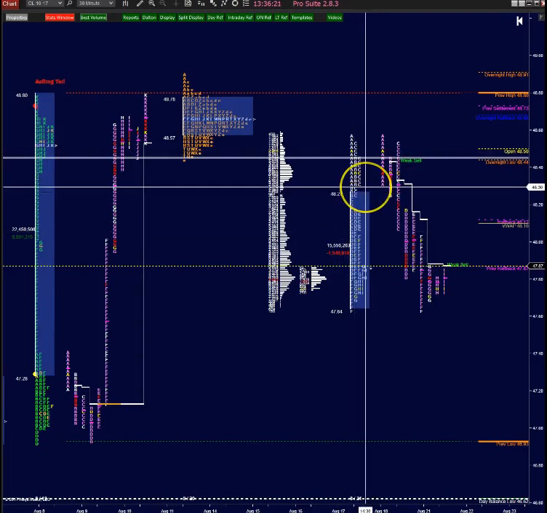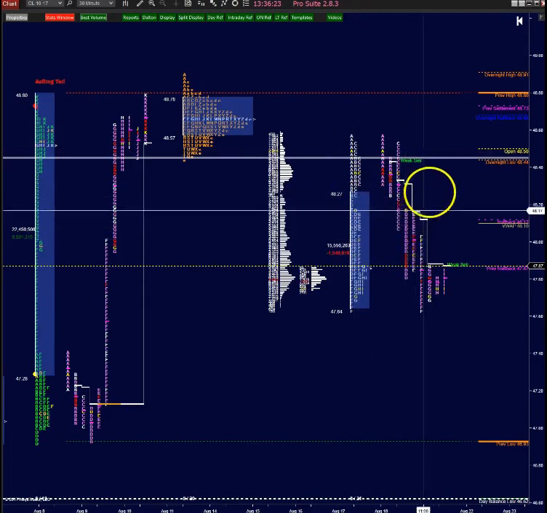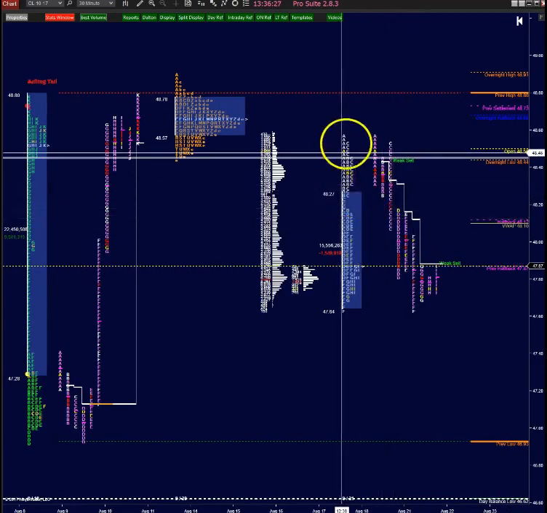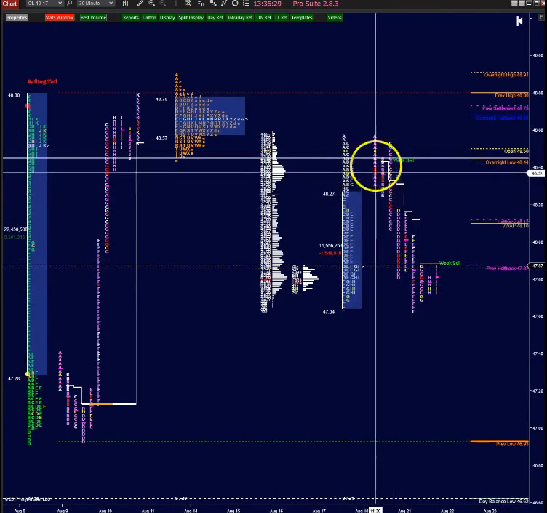This is today's market here, and it has been split here on the right, and you have the full profile on the left.